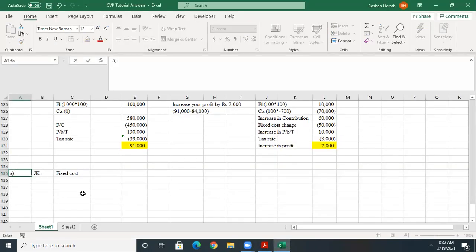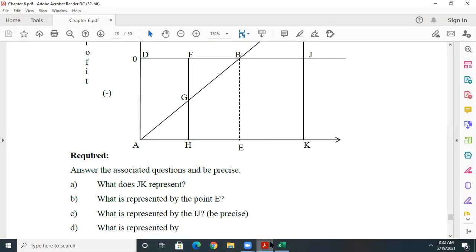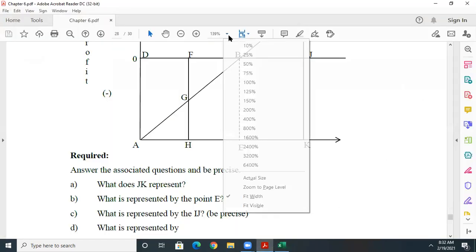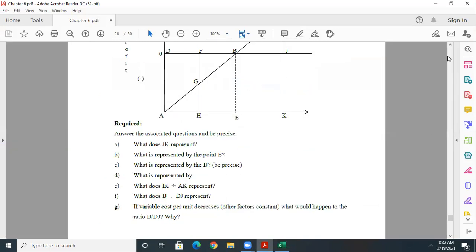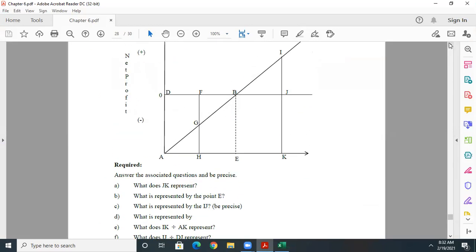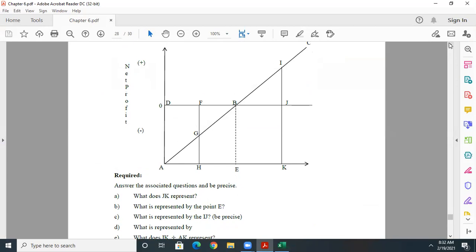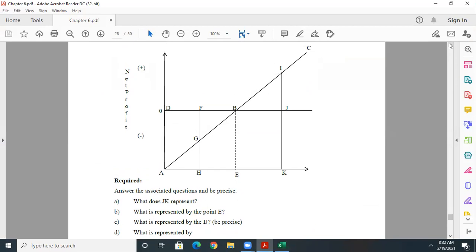So likewise, I want you to look at the rest of the things and identify what it is. Can you give it a try? Try out the rest. Here we have the formula. What is represented by the point E?